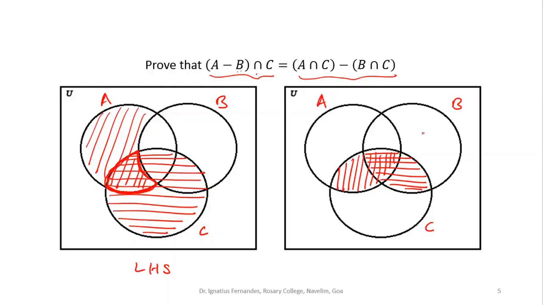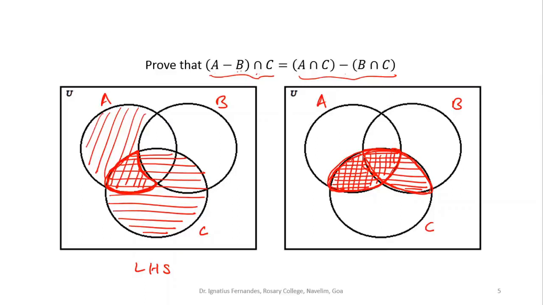Okay. And now I have to look at A intersection C minus B intersection C. So A intersection C is this part, minus B intersection C. So all those elements of A intersection C which are not here are these other elements, right?